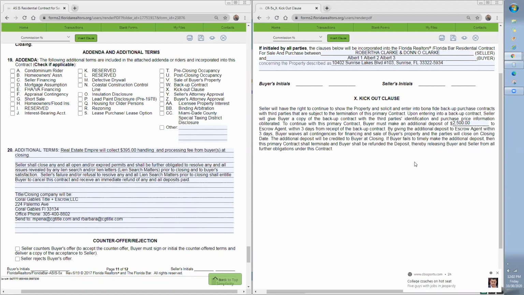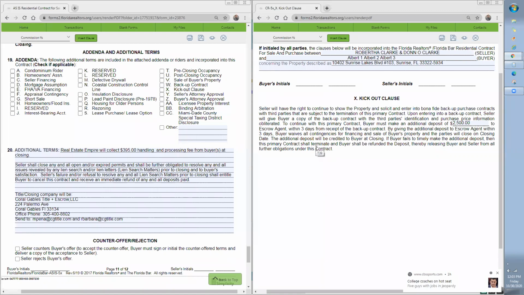If you decide to put that additional deposit to escrow, we will continue with your offer. But if you decide you do not want to put those additional $2,500, we have the right to cancel your contract, give you your money back, and accept the backup offer instead.